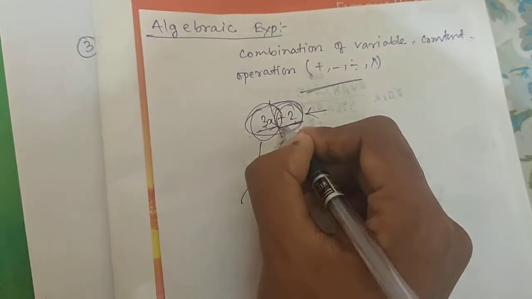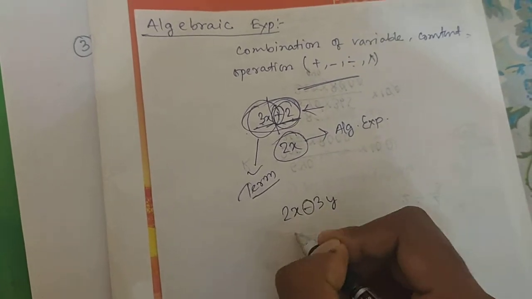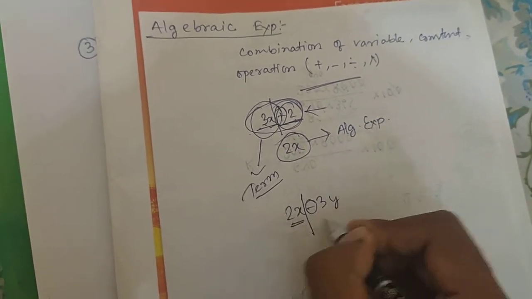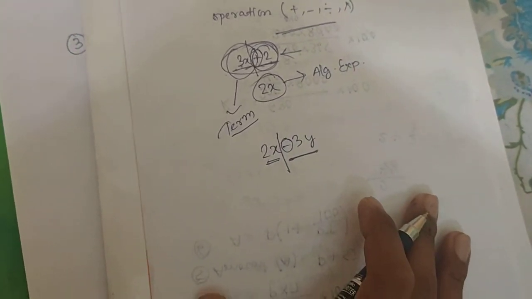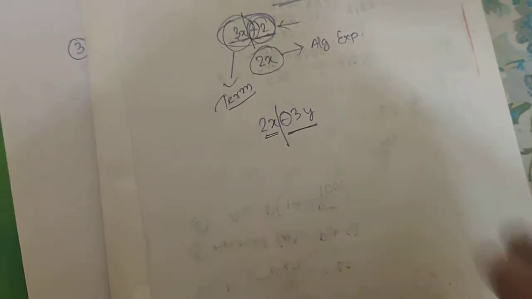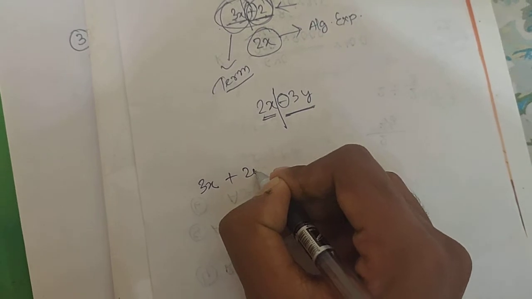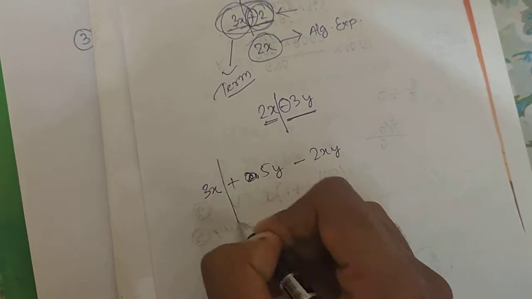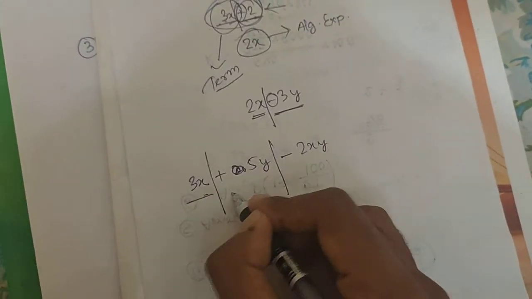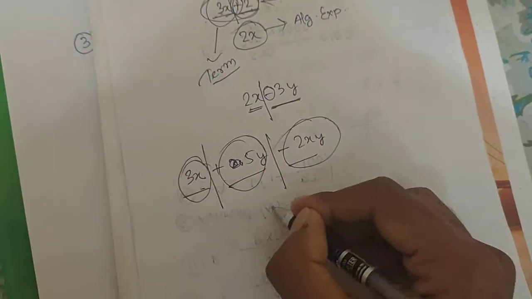Look, here it is separated by plus. Suppose there is a question 2x minus 3y. It is separated by minus, 2x and minus 3y. So the parts separated by the sign of plus and minus are called terms. Suppose there is an example 3x plus 5y minus 2xy. In that portion, we can divide it into 3 parts. So each of the parts is called a term.